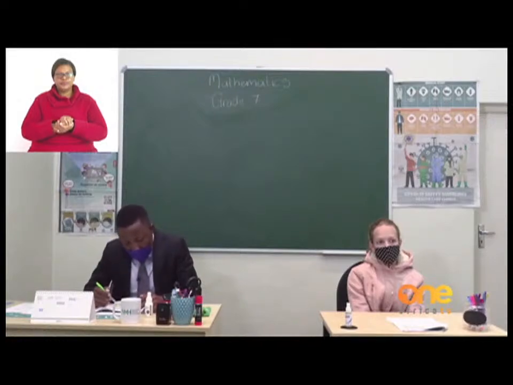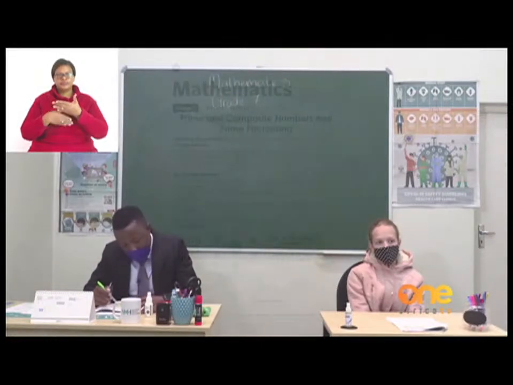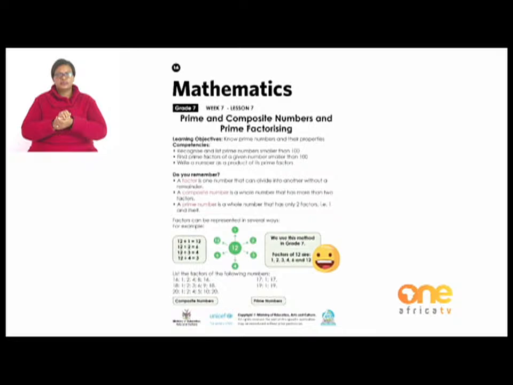Okay, let us now go to page 14 in our booklet. We have to read through the notes. To start with, prime, composite numbers, and prime factorizing. Learning objective: know prime numbers and their properties.